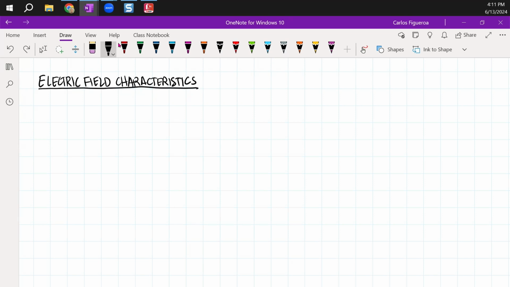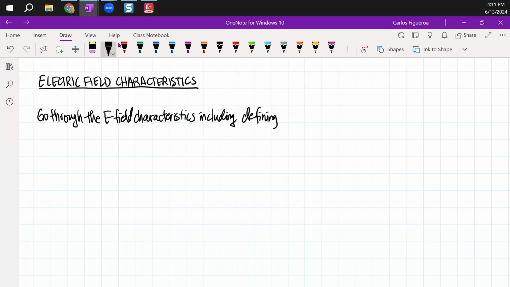So what we're going to do here is go through the electric field characteristics, including defining the field of a point charge.